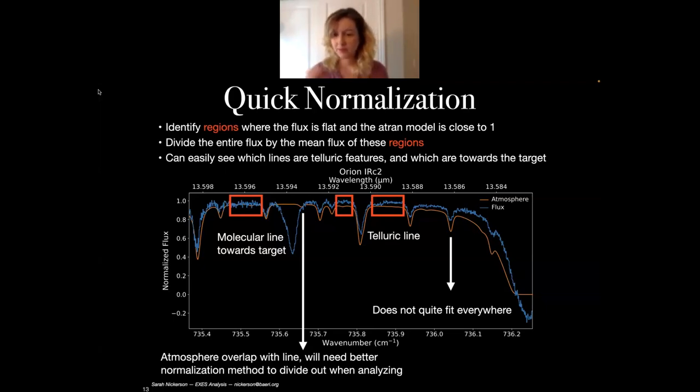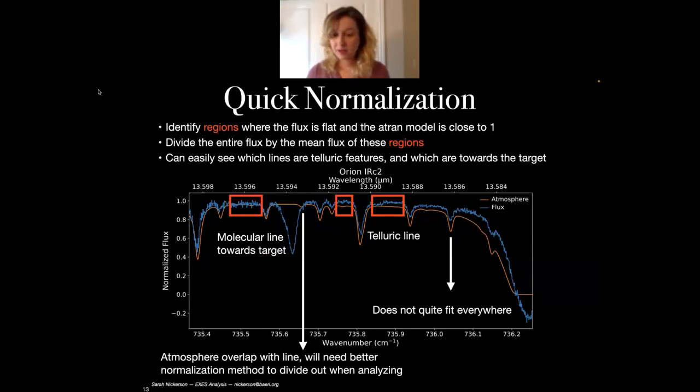And then it lines up the telluric features, and it's really obvious which line is a molecular line. Well, this one's huge, so it was obvious before, but if you have smaller lines, this will make them obvious too. But as you notice, the model and the flux don't quite fit anywhere.